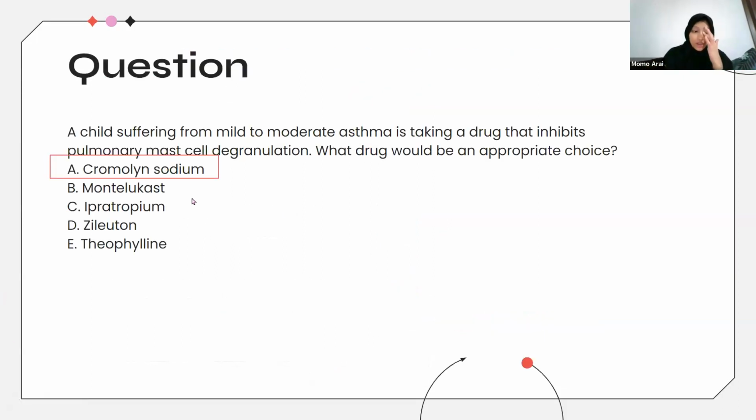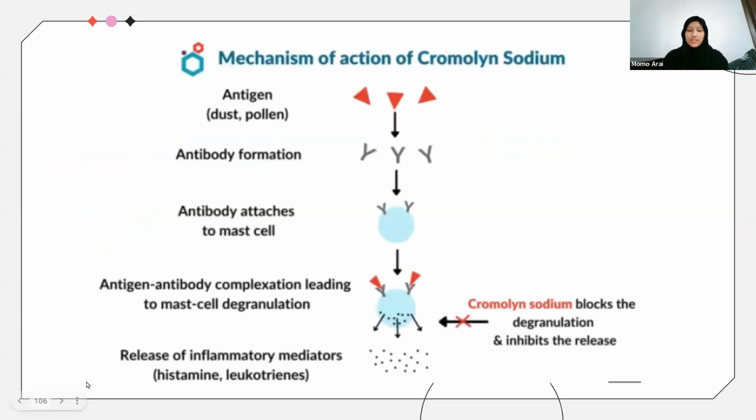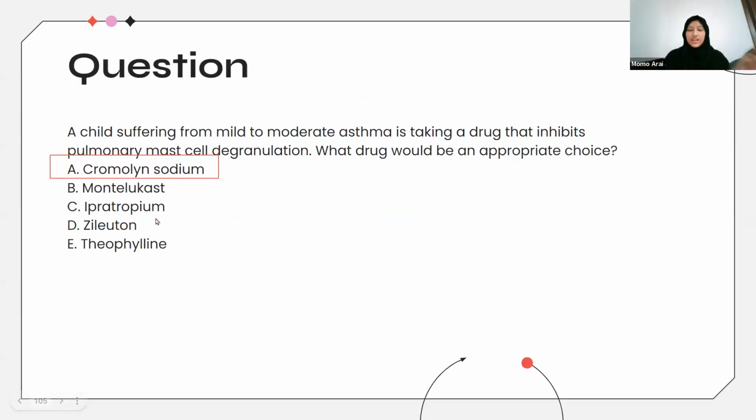So again, I want to just ask, did you take Montelukast and zileuton in the lecture? If not, it's okay, it's fine. Just focus on this one, okay? These are basically for leukotrienes, but if it was not given, it's fine.